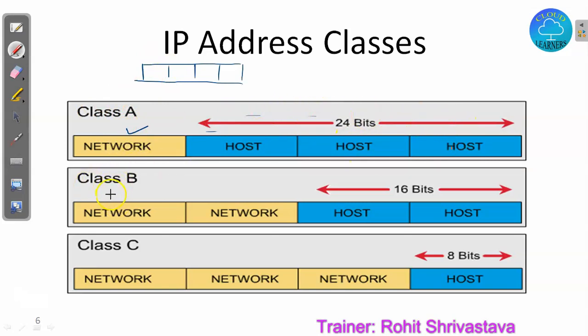For class B, these 2 are reserved for the network and these 2 for the host. In class C, these 3 are reserved for the network and this one is for the host. I'm repeating once again, as I said earlier, network bits are represented by 1 and host bits are represented by 0.